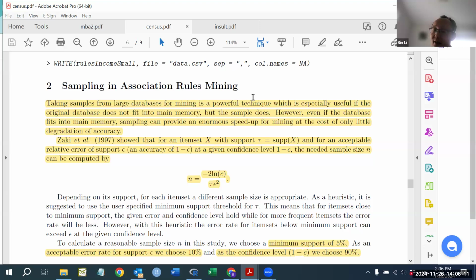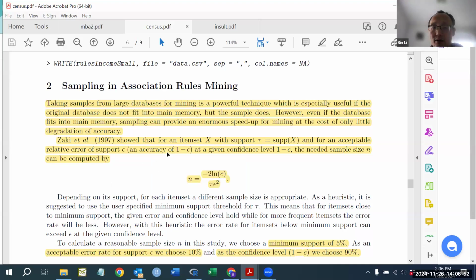So subsampling is a very useful technique in association rule mining, such that we can substantially reduce the computing time by doing the association rule mining on a random subset of the database. There are several formulas related to the subsampling sample size, and here I'm choosing the easiest one, proposed by Zaki and others in 1997.